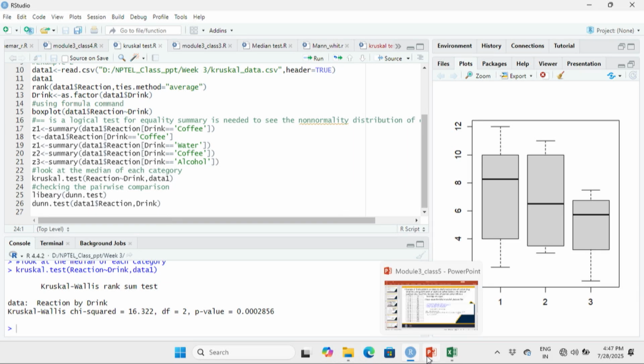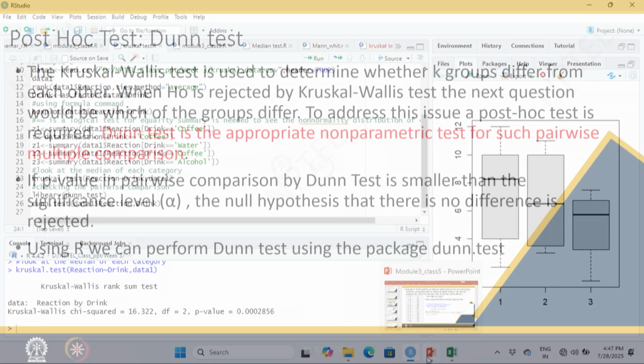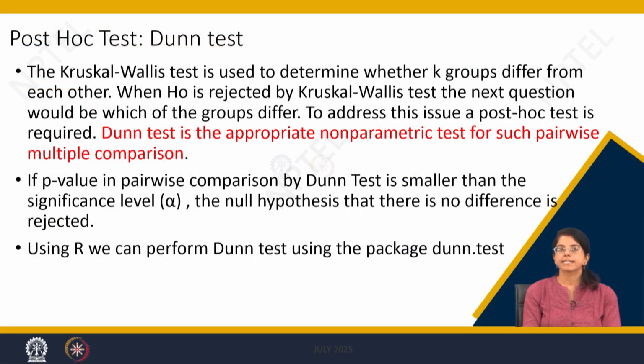Okay. Let us get back to the PPT once again. After the Kruskal-Wallis test, there is one more type of test to be done, that is the post hoc analysis. What is post hoc analysis? In my earlier lecture, I told you post hoc analysis means now you need to see which pair is different.